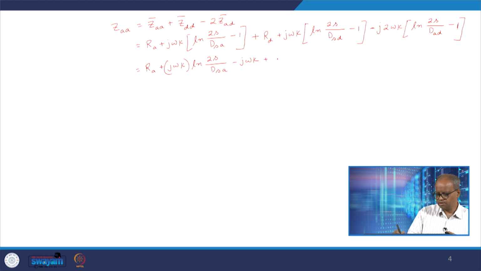Then I expand this: RD plus j omega K into log of 2S by DSD, then minus j omega K, expanding this.